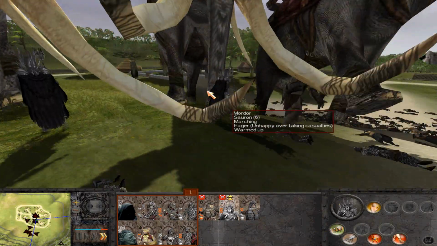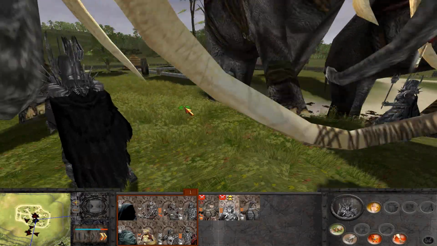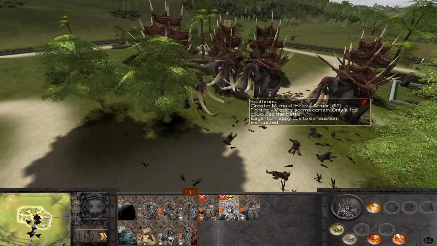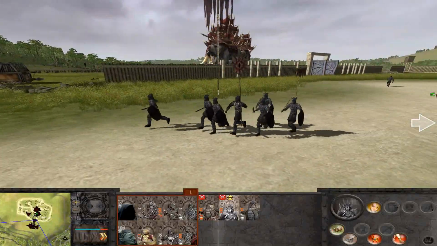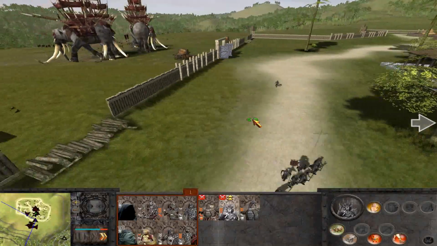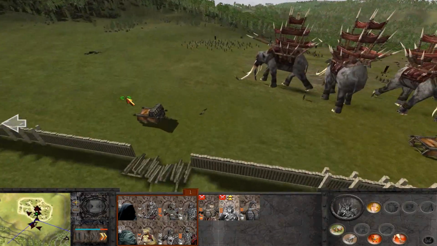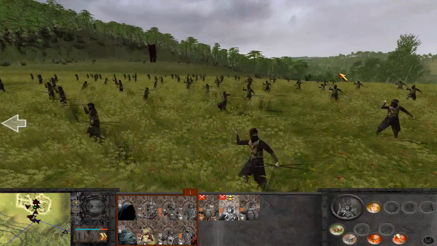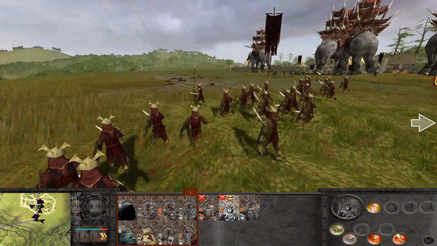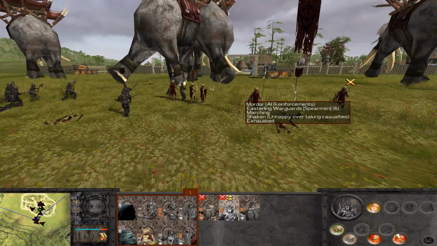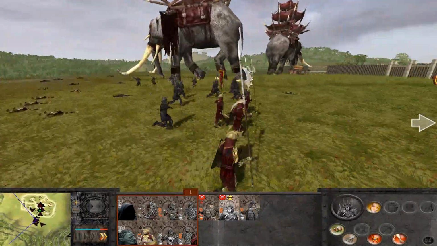Sauron seems to be bugged in this battle. He hasn't attacked at all. The last battle he did attack them, so it's weird. Yeah, our ally attacked the Mumakils. He will be defeated, I believe.